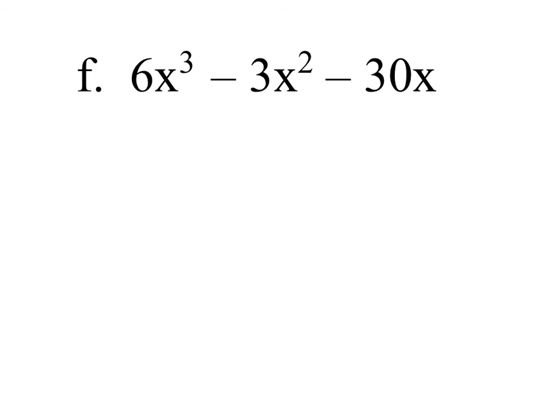6x squared, cubed. All right, again, I can pull a 3x out of this, leaving me with, out of 3, 2x squared minus x minus 10. 2 times 10 is 20.